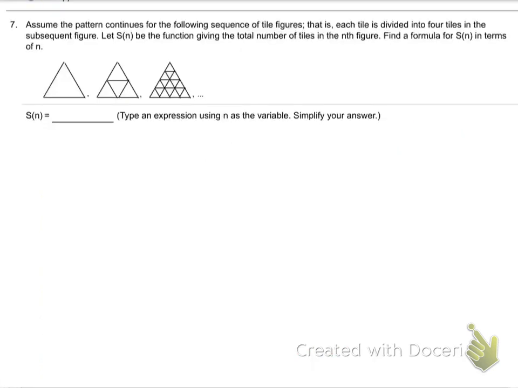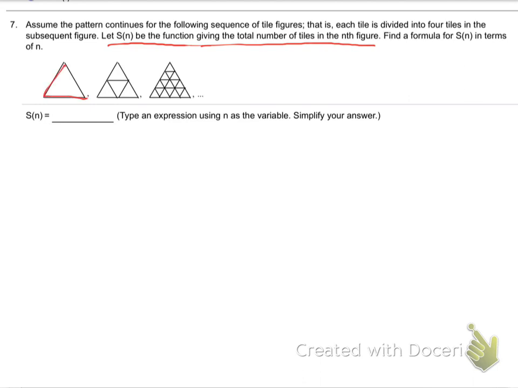Okay, so last problem. This is kind of a weird pattern thing. So what do they want me to do? They want us to let S be a function that gives the total number of lines in the nth figure. This is tricky. First off, what's the pattern?